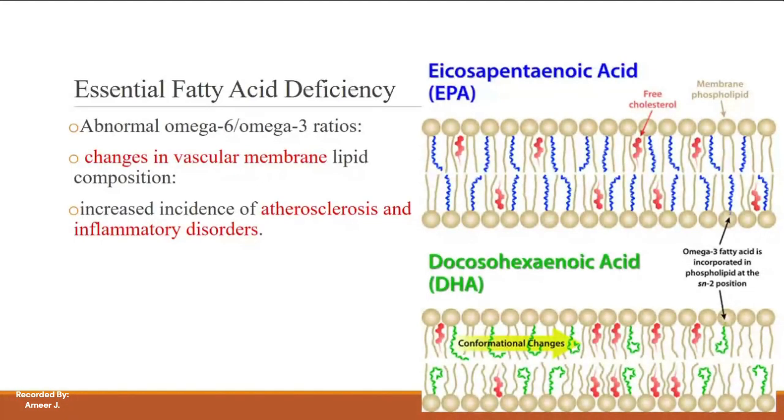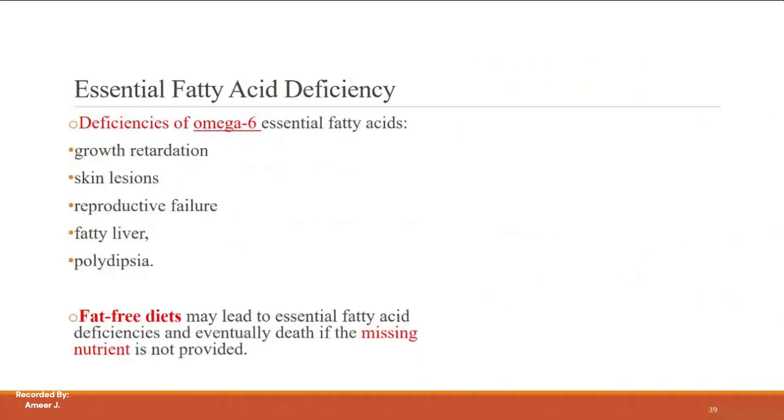And the next point is that deficiencies of omega-6 essential fatty acids can cause growth retardation, skin lesions, reproductive failure, fatty liver, and polydipsia. And fat-free diets may lead to essential fatty acid deficiencies and eventually death if the missing nutrient is not provided.